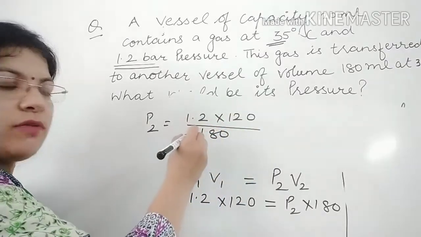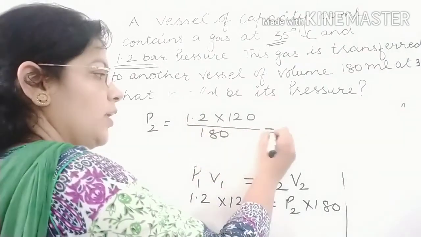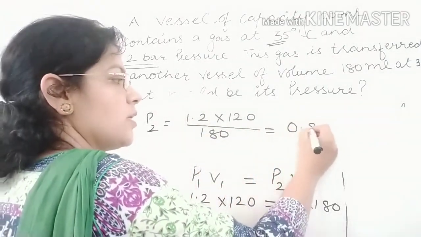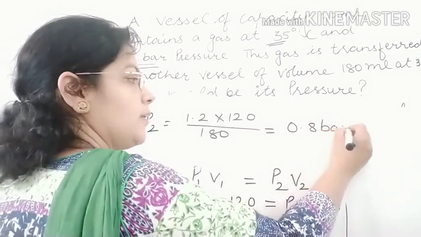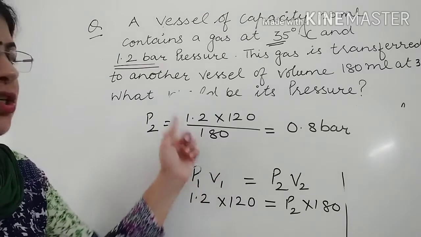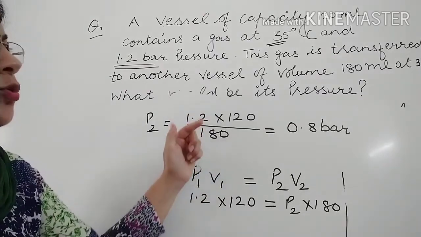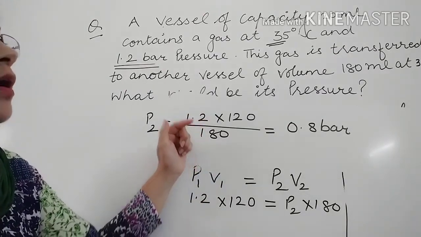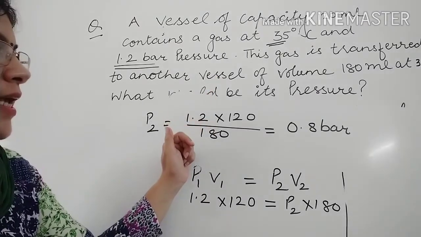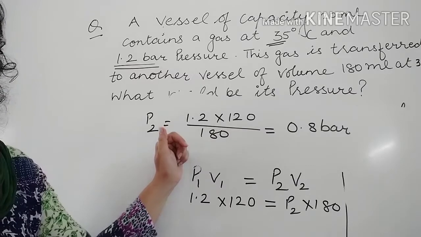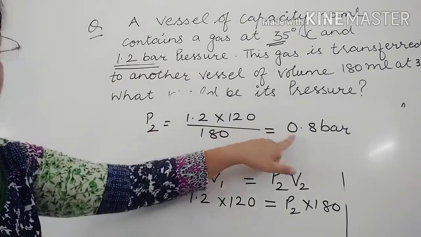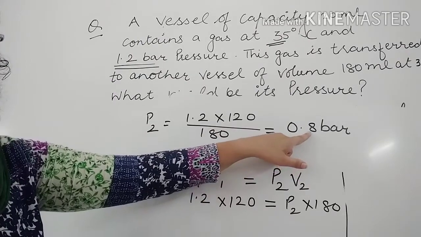When we solve this expression, we get the pressure in the other vessel as 0.8 bar. Hence, when we shift this gas into another vessel having a capacity of 180 ml at the same temperature, then the pressure of this gas would be 0.8 bar.